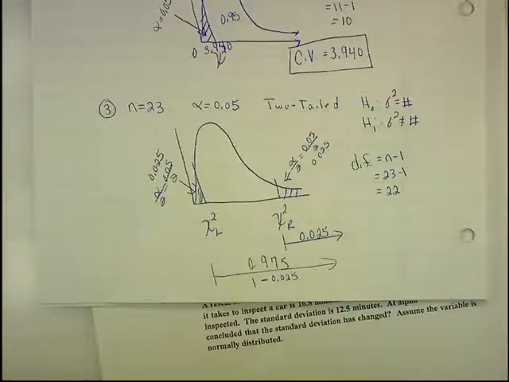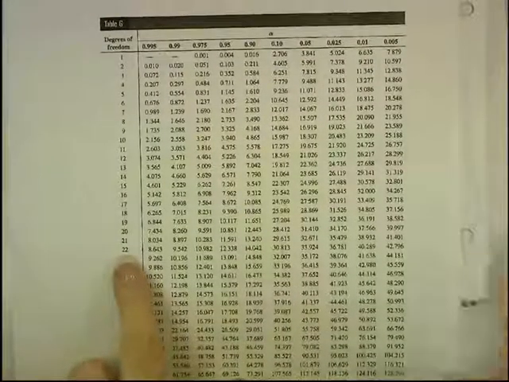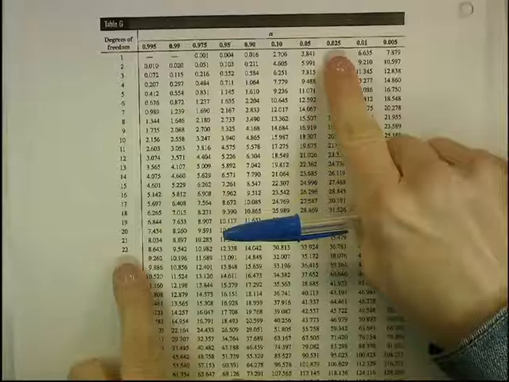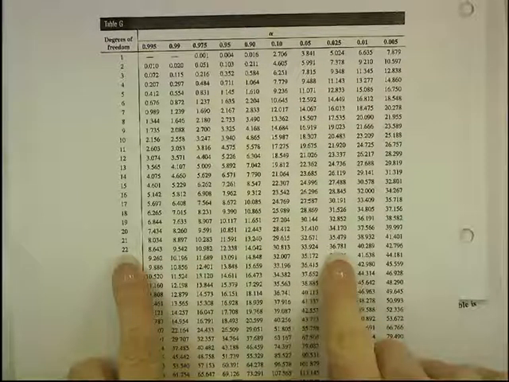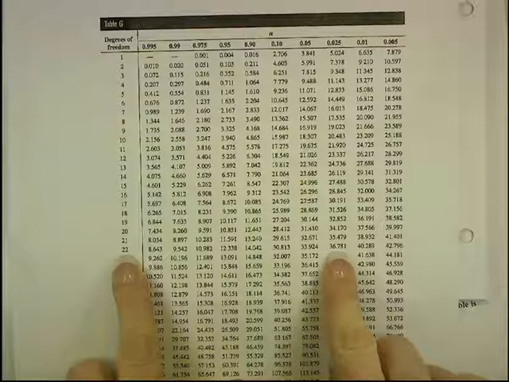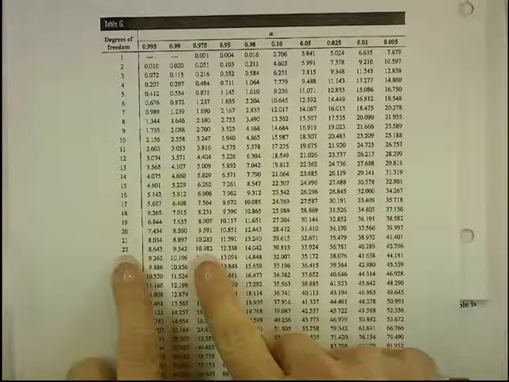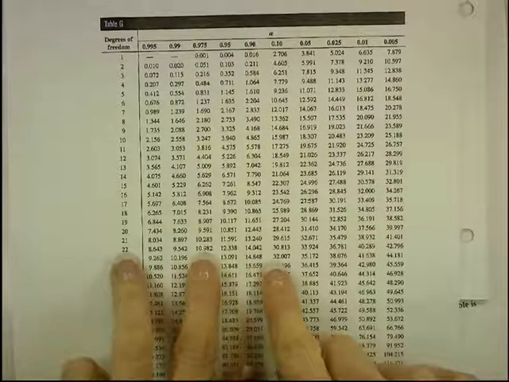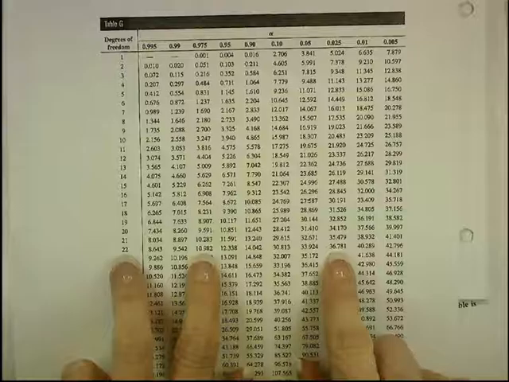Going to the table, I'm going to block off row 22, left finger, and you go to column 0.025, and that is going to give you 36.781 for chi-square from the right. And column 0.975 gives you 10.982 chi-square from the left. So these are your two critical values, and they remain positive.